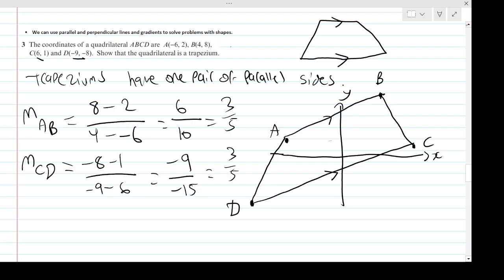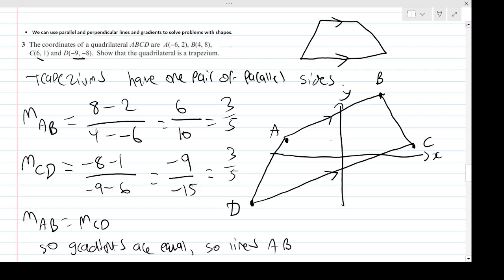The two gradients are indeed equal. So that means m_AB is equal to m_CD. So gradients are equal, which means that lines AB and CD, which were the two gradients we worked out, are parallel, okay?